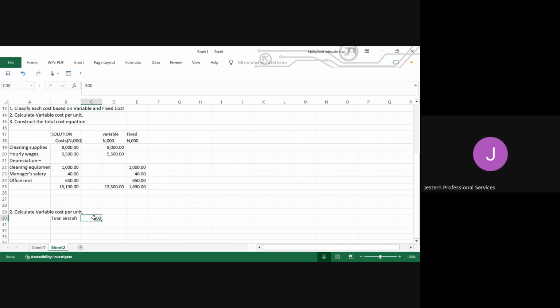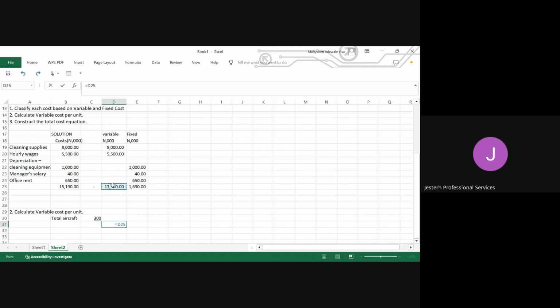Since we already know our total variable costs, the total variable cost here is 13,500.